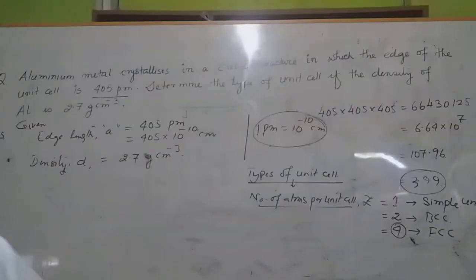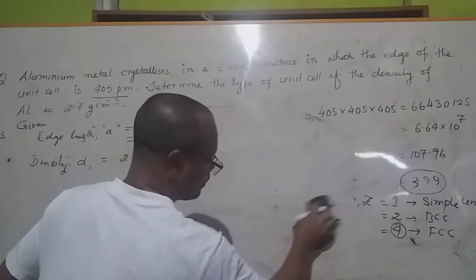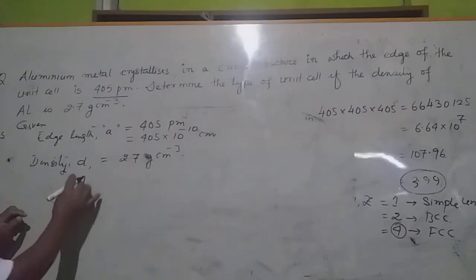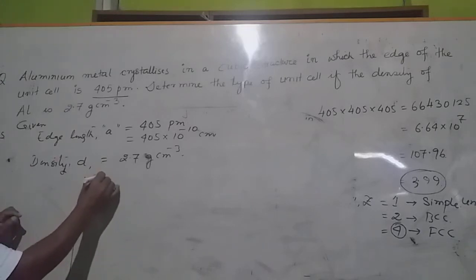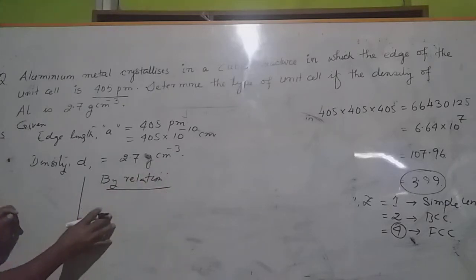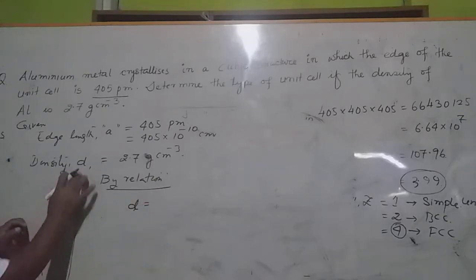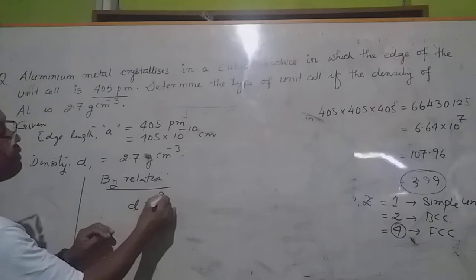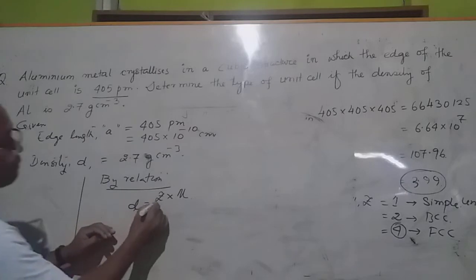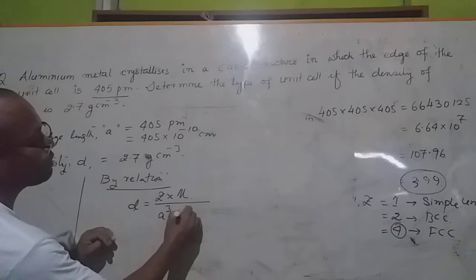So let's do the calculation. How do we calculate? We have the formula, that is the density formula. Density D is equal to the number of atoms per unit cell multiplied by the molar mass of the aluminum metal, divided by the volume of the unit cell multiplied by Avogadro's number.